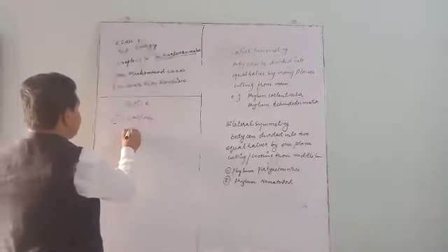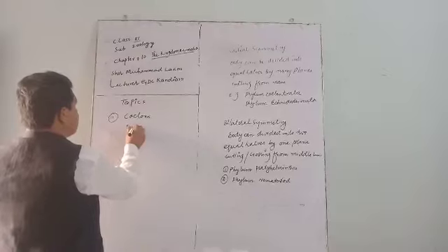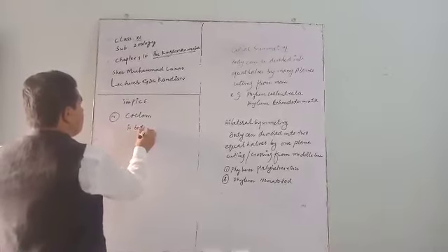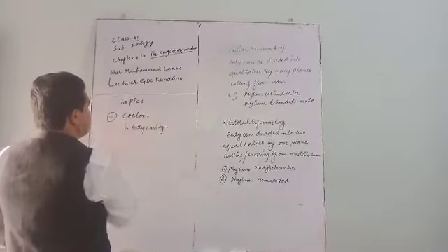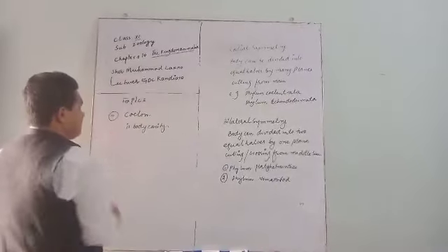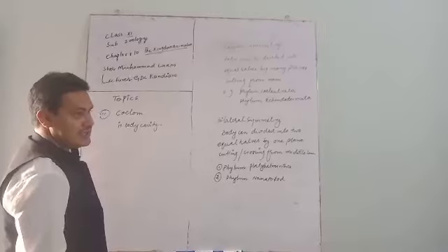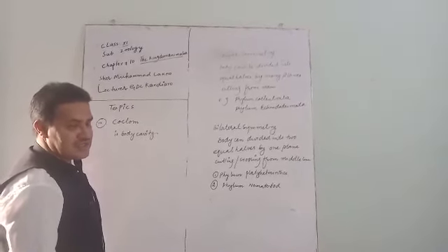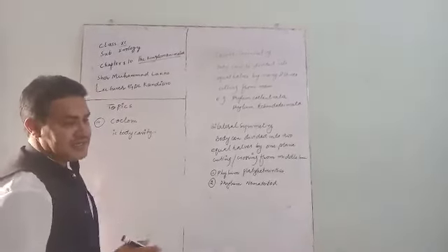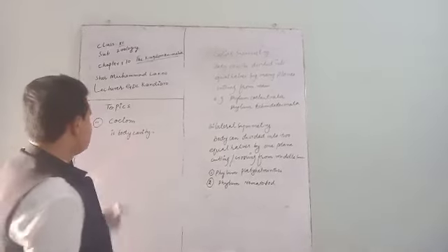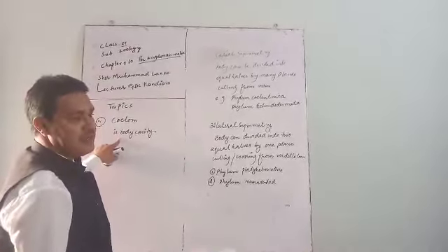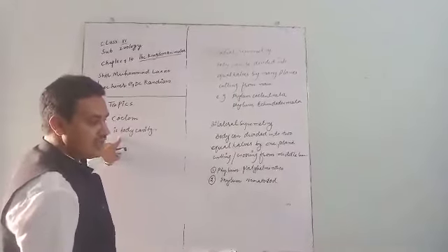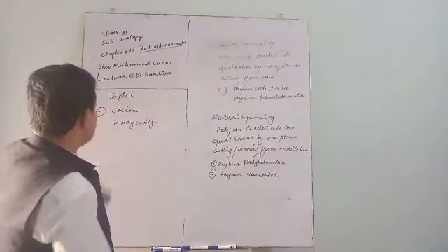Simply, coelom is a body cavity in which internal organs are present, suspended in their position. On the basis of coelom, animals are categorized into 3 groups.